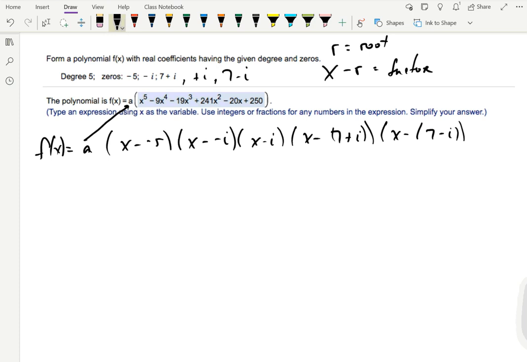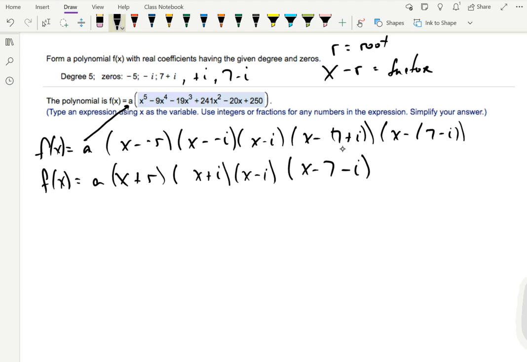Now what we have is a lot of distributive property to deal with. As we multiply this through, I end up with x plus 5. Then over here, let's simplify x plus i times x minus i. And I've got x minus (7 minus i), so distribute that minus through, and distribute the minus through on this side as well, minus 7 plus i. If we finish this out, we've got a, and then x plus 5.